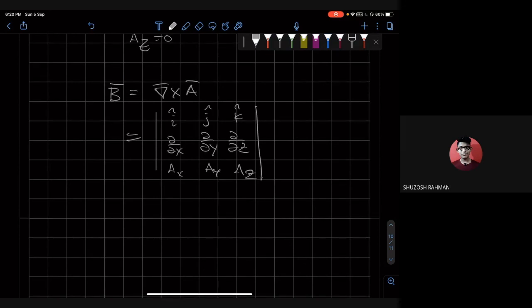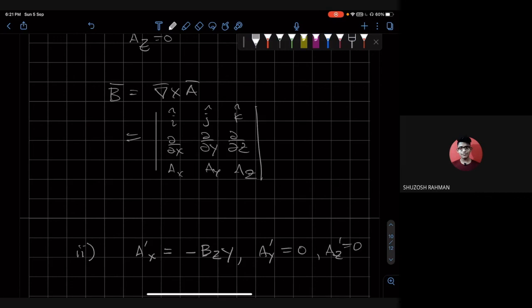Another choice of gauge that gives rise to an equivalent physical configuration is say Ax prime equals minus Bz y, Ay prime is 0 and Az prime is 0.